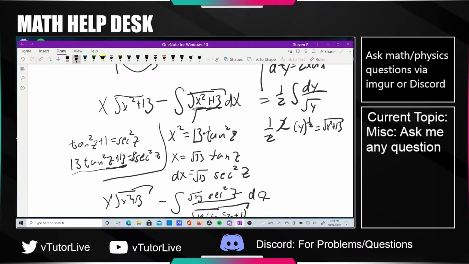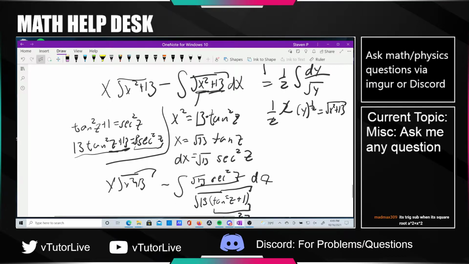But if we can convert this x squared to something that looks like tangent squared, then we can replace this with a secant. And a secant, because it's only one term, is actually really easy to square root. The square root of secant squared is obviously just secant, right? This is the whole idea behind trig substitution: when you see something that looks like x squared plus some constant, you can make this simpler into a secant if you massage it, right?